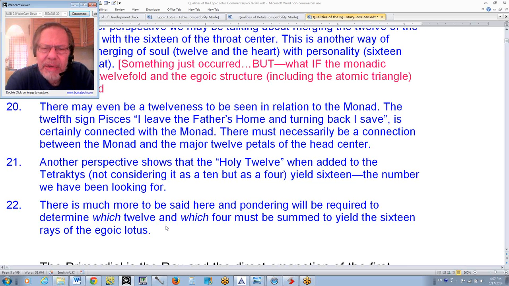And then we add that, other numbers are coming to my mind. We add that 16 to the 12ness of the egoic lotus as a heart center, and we get the Om, whose number is 28. 16 plus 12. Well, we can play with numbers quite a bit. The point is, can we make them practical in some sense?